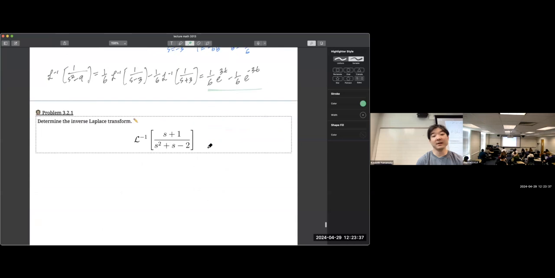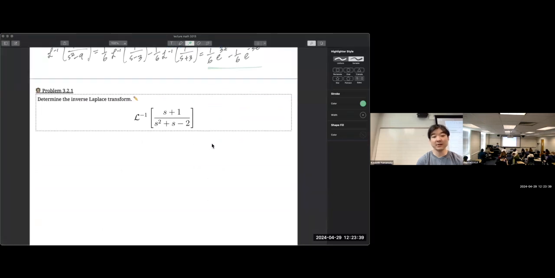So that's basically the only thing that this section is doing. They're just saying, I don't have anything on the table that gives me the inverse Laplace transform of s plus 1 over s squared plus s minus 2. Well, what I could do is the partial fractions of it.